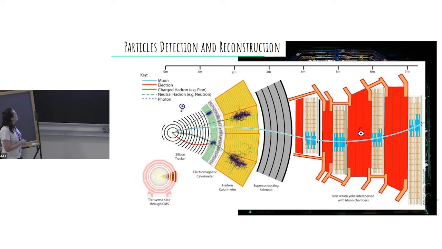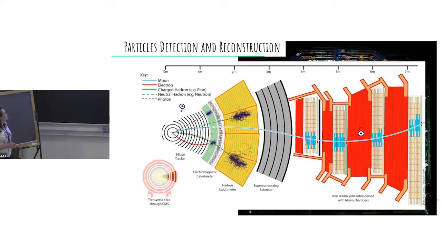Then right after we have the electromagnetic calorimeter, this green part, which is there for reconstructing the energies of electrons and photons. This is a destructive detector, because the particle is destroyed inside this detector in order to perform the measurement of its energy.